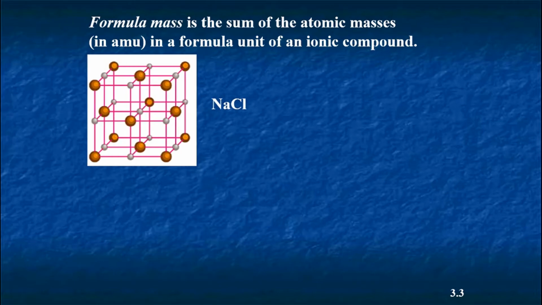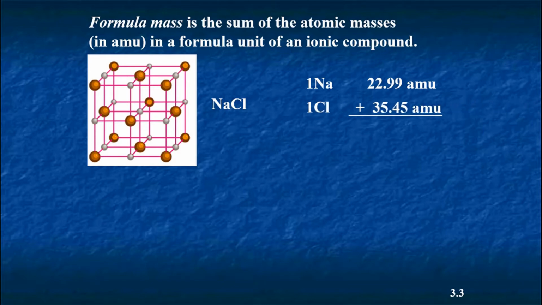So if we have NaCl, again, remember the actual number of atoms depends on the size of the sample. But if we simplify everything to its formula unit, one sodium for every chlorine, we can find on the periodic table one sodium, 22.99 AMUs, one chlorine is 35.45 AMUs, for a total of 58.44 AMUs.